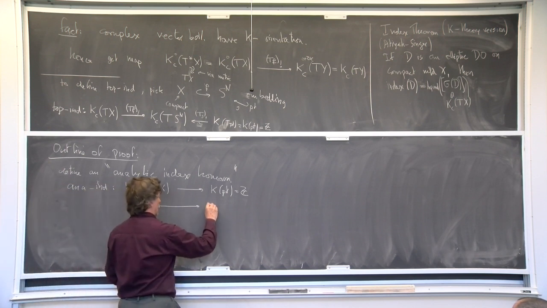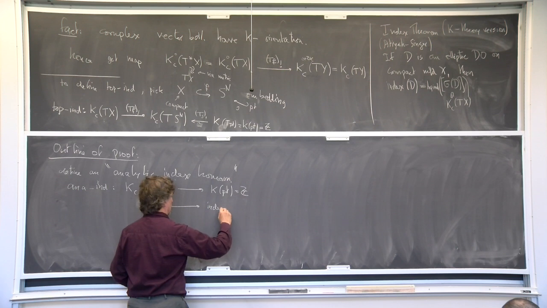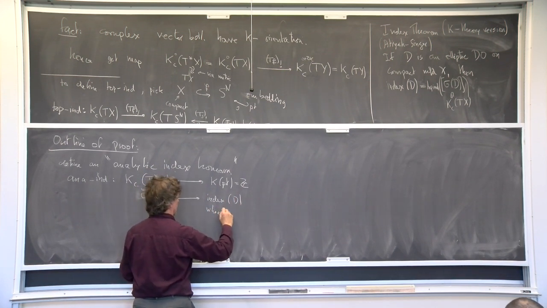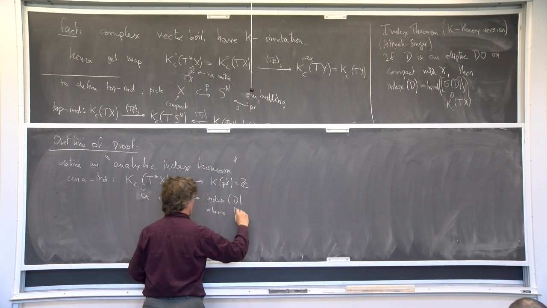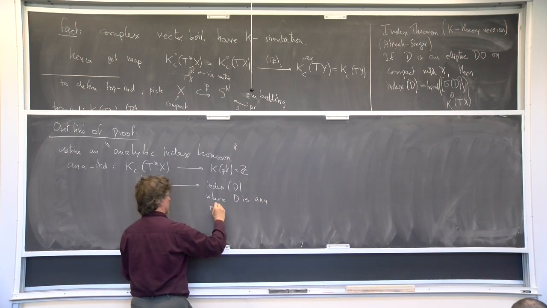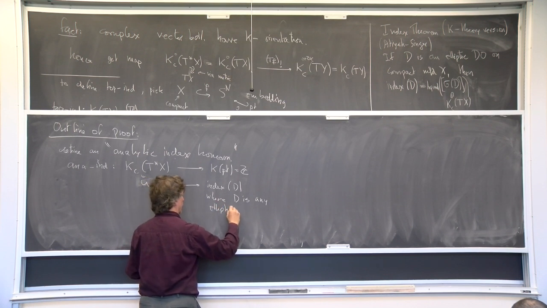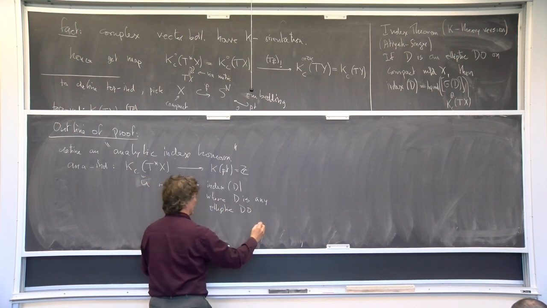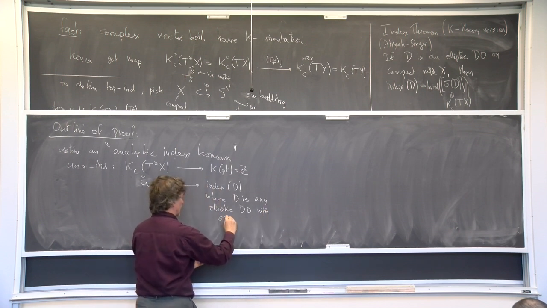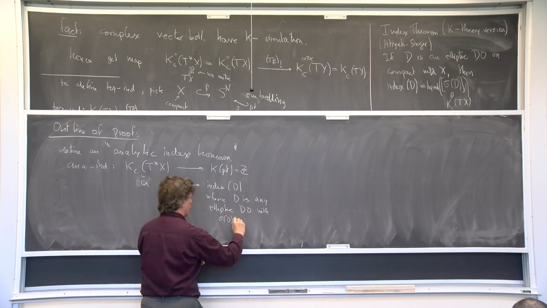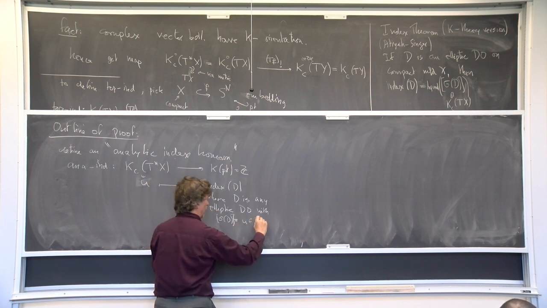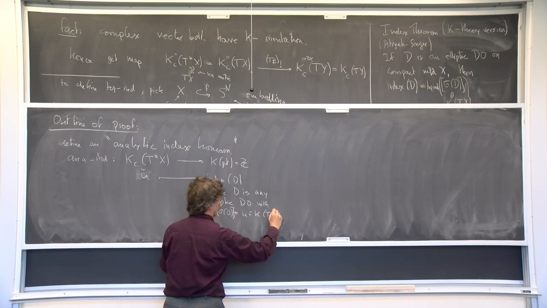So you take the index of D, where D is any elliptic differential operator with the principal symbol of D equal to the given U in the K-theory of the cotangent bundle.